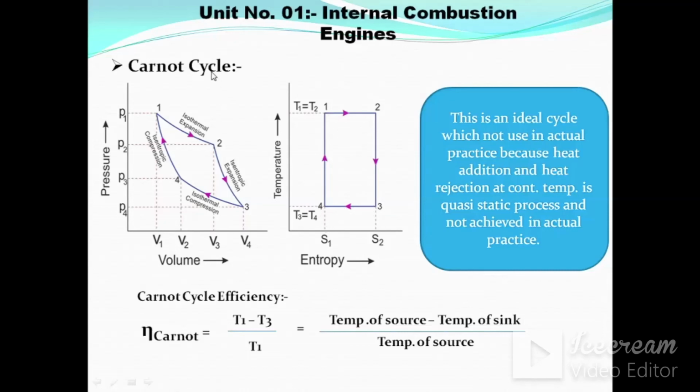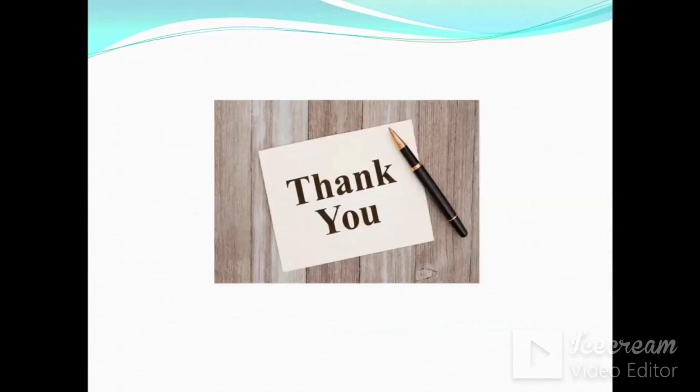But in the Carnot cycle, heat addition and heat rejection occur at constant temperature. This is an idealized process, so it is not used in actual practice. This type of question will be asked for 2 marks in the exam: why is this process not used in actual practice? Okay, thank you.